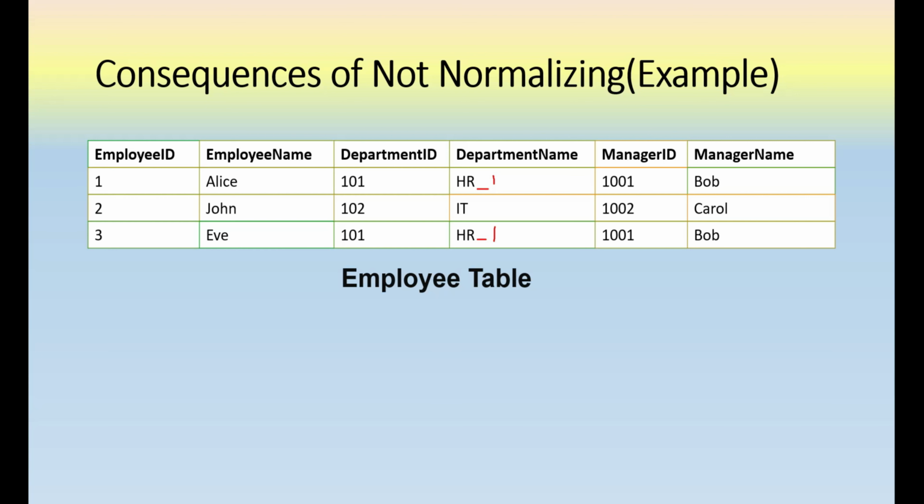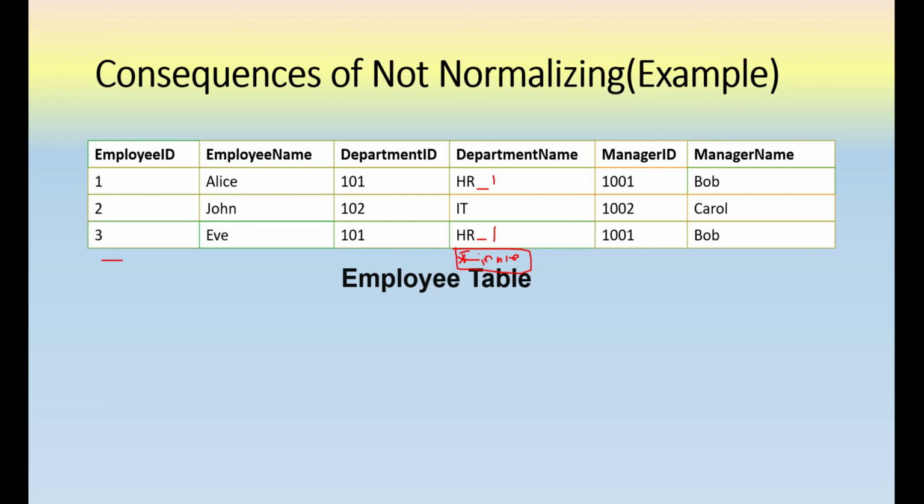And similarly, the insertion anomaly. Suppose you want to add a new department, like finance. Without an employee, you first need to create the finance department, and let's say you don't have any employee.